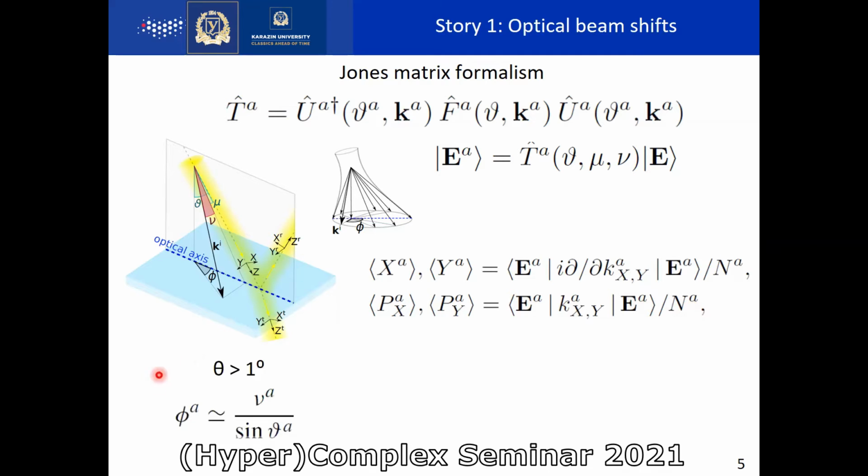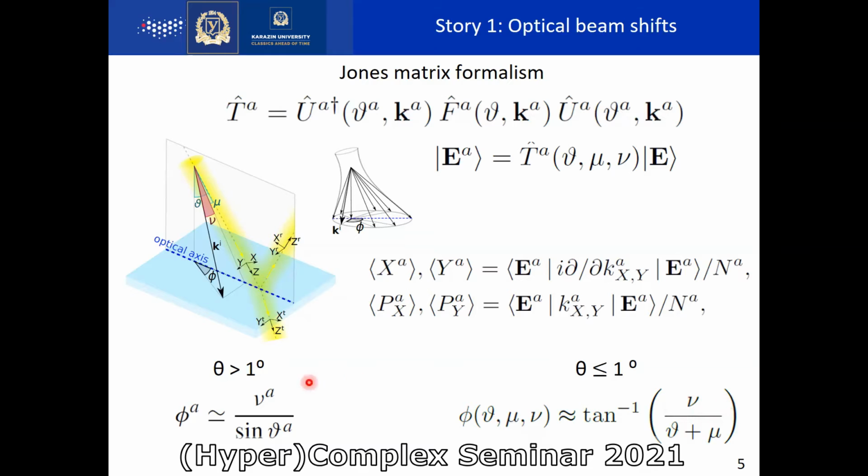And in standard theory, this angle phi, which is the deflection angle of the non-central wave from the plane of incidence of the central wave, is defined as follows. However, to be strict, the correct formula is the following. Here theta is the angle of incidence, mu and nu are the out-of-plane and in-plane deflections of the particular wave.